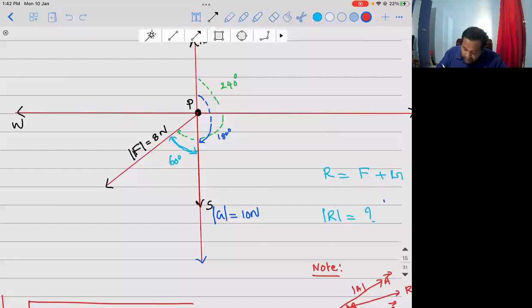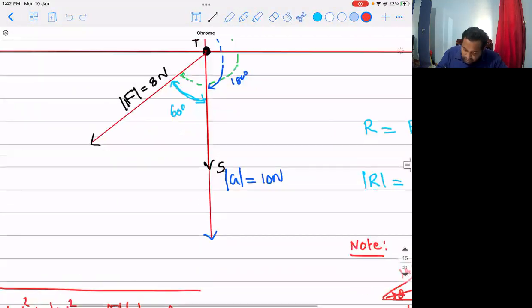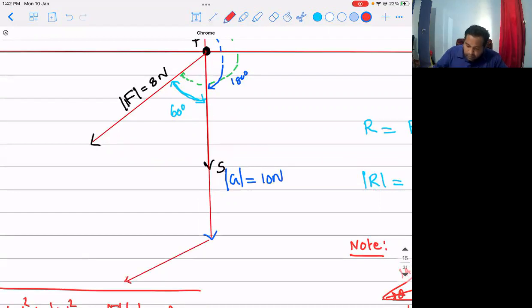So we are going to construct a parallelogram using this. So this is our parallelogram.